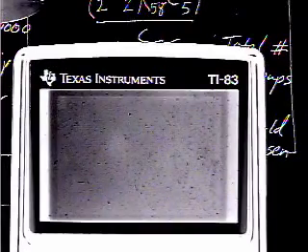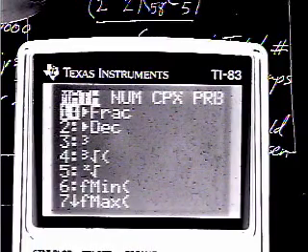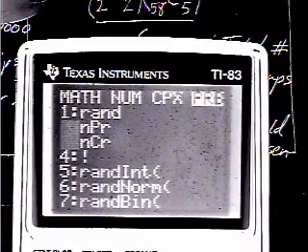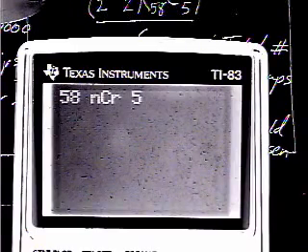So let's see here. 58, Math, PRB, nCr, 5.